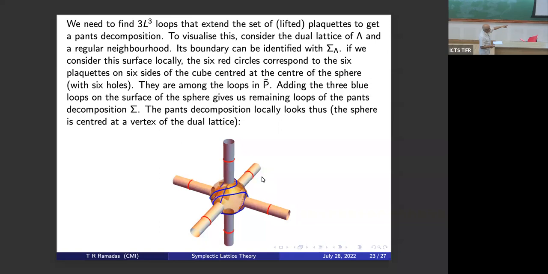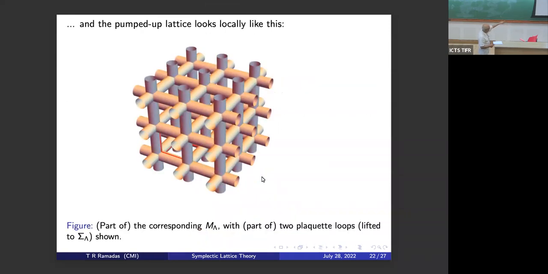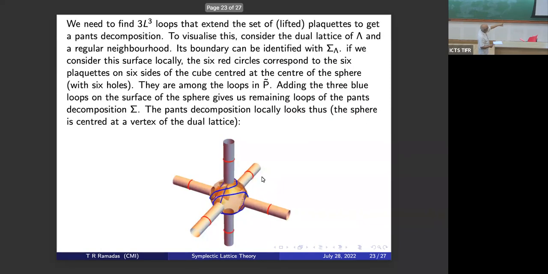And the 6 plaquettes that we had earlier around the 6 faces of a cube here will be the 6 red loops here. Remember, for every vertex, I need 3 more loops. Those are the loops in blue, which together give a local Pants decomposition here, and globally they give a Pants decomposition of the surface.